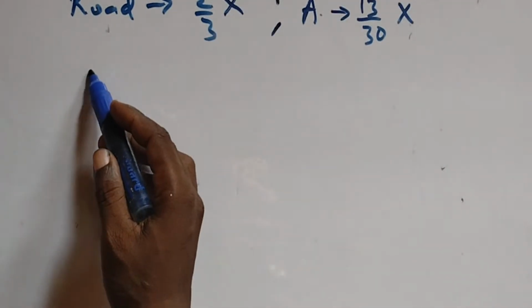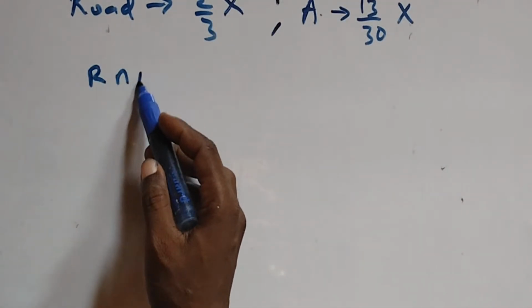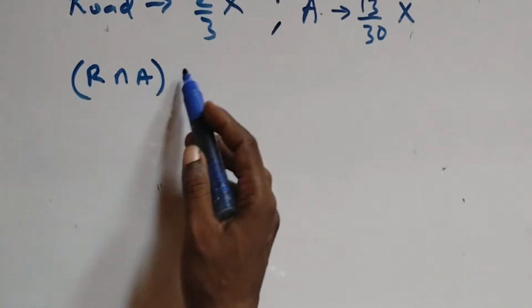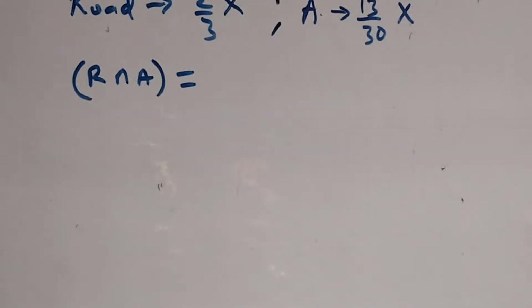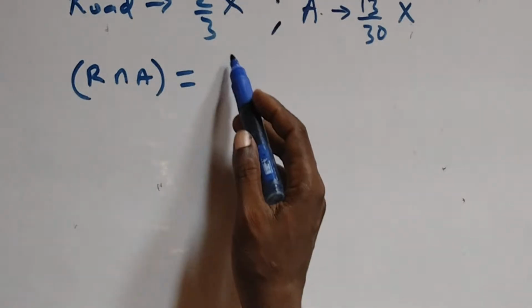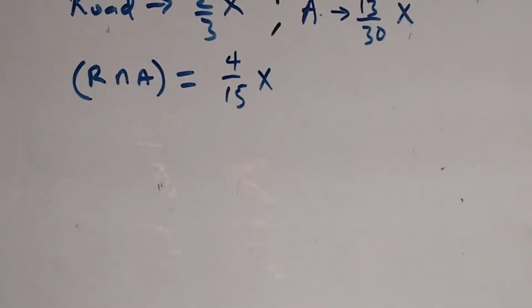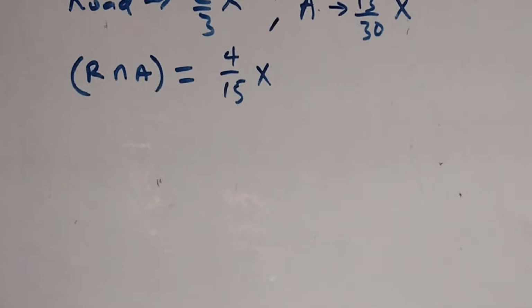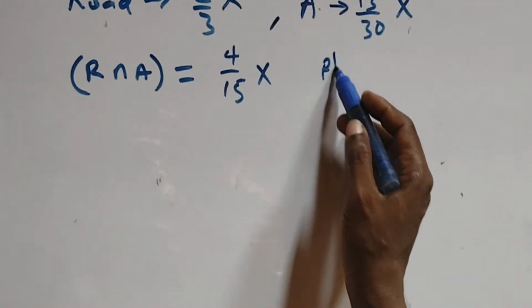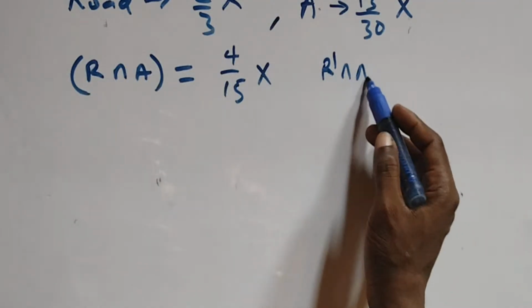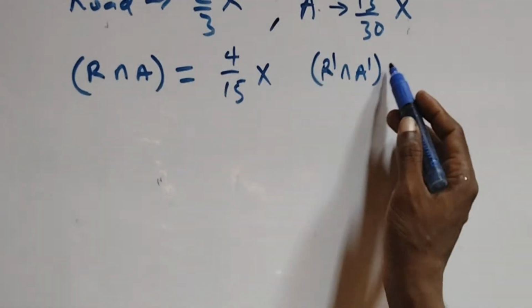So both road and air, we have 4/15 of X. If 20 tourists do not travel by either air or road, which means R complement intersection A complement, neither, that's 20.